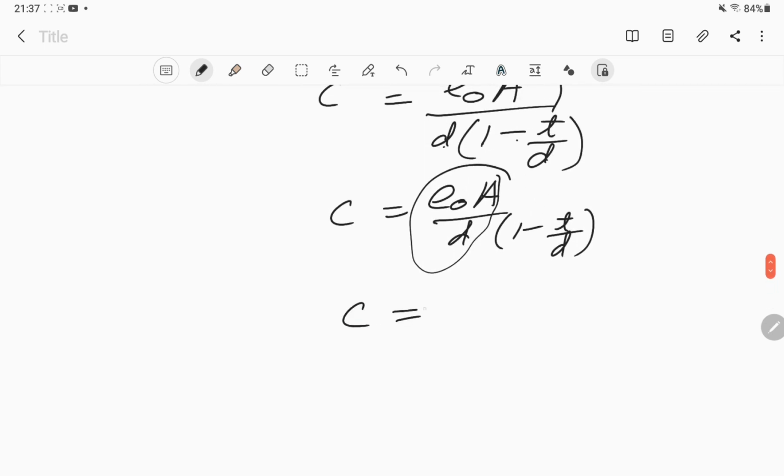So we can write C equal to C naught divided by 1 minus T by D.